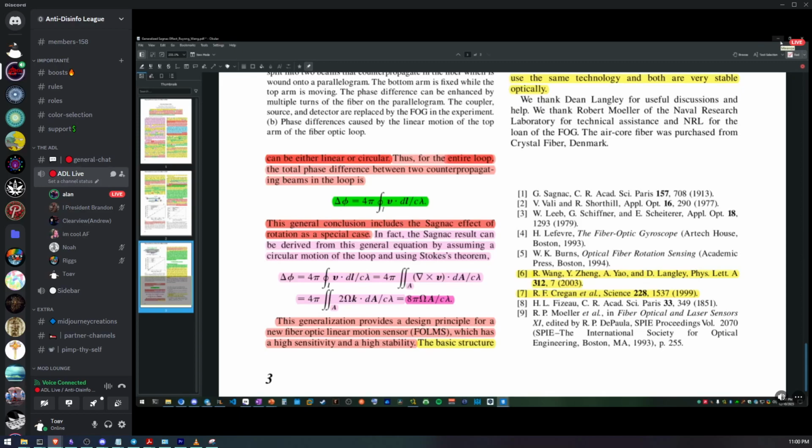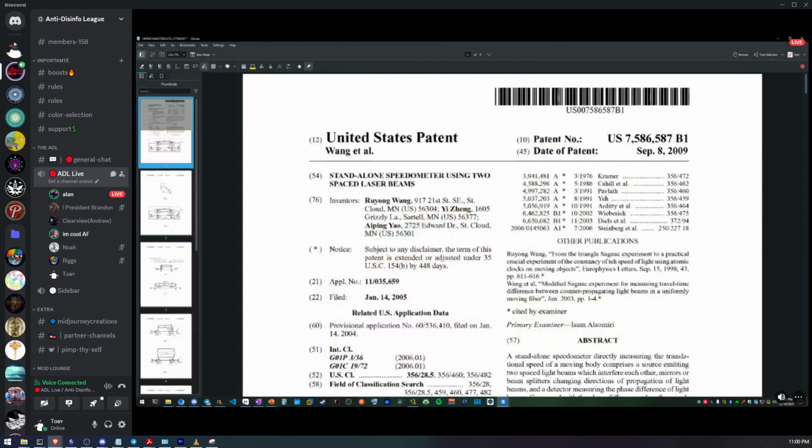Mainstream science, all of physics, it's one of these global deceptions, right? So anyway, this guy got this really expensive fiber optic cable on loan from the military, and he did some experiments with it, proved that you could measure linear velocity with it, and then he patented technology that same year based off of those experiments.